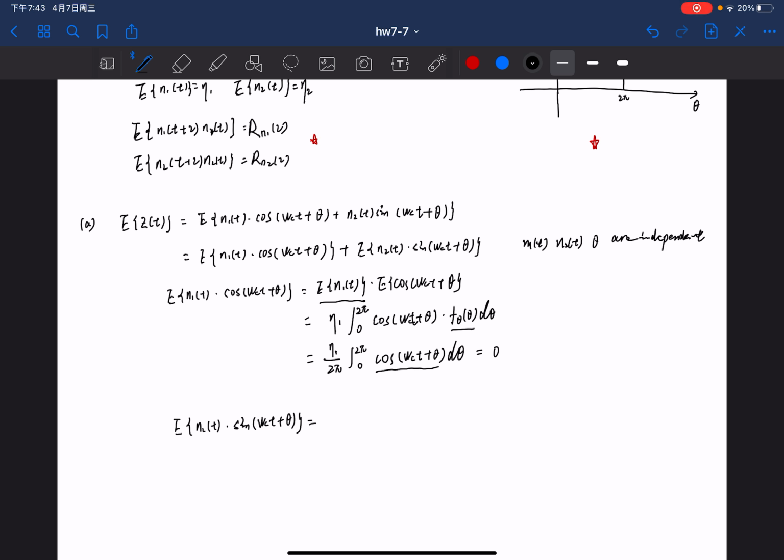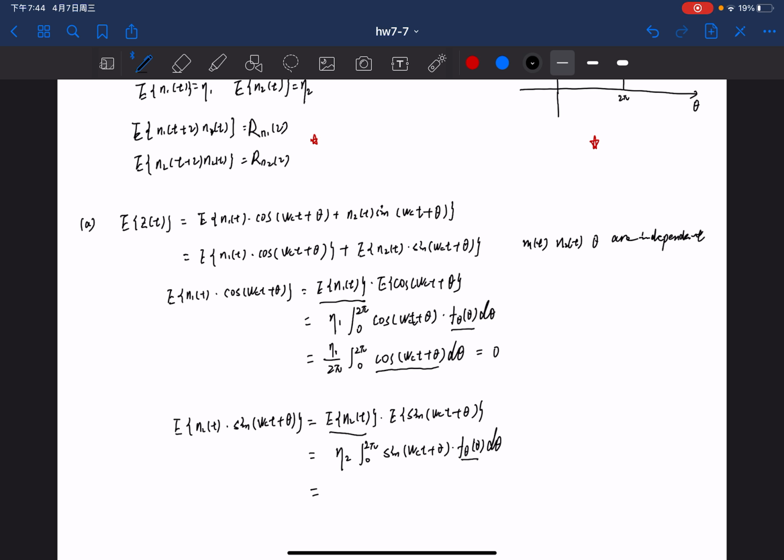It equals the expectation of N2(t) multiplied by the expectation of sin(omega_c t plus theta), which is eta 2 multiplied by the integral from 0 to 2 pi of sin(omega_c t plus theta) multiplied by the probability density function of theta, d theta.